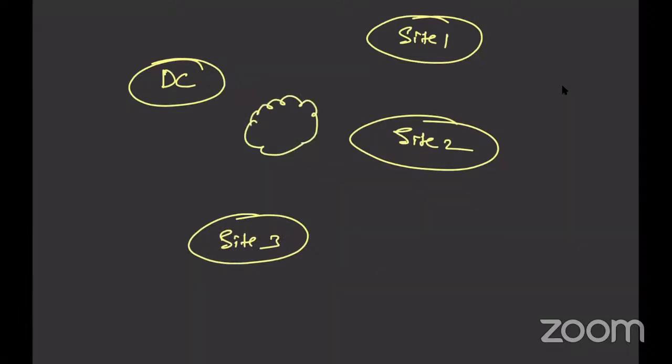If you want to communicate with your sites over the internet using your private addressing, the internet is not going to allow you to communicate over private addressing, because the internet runs on public addresses.